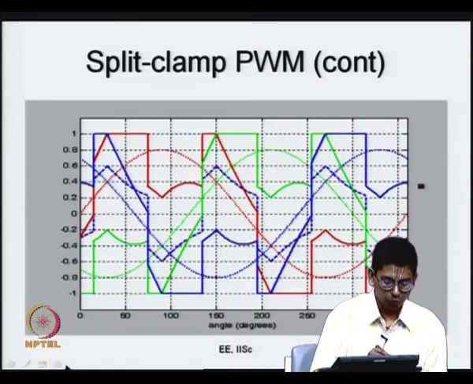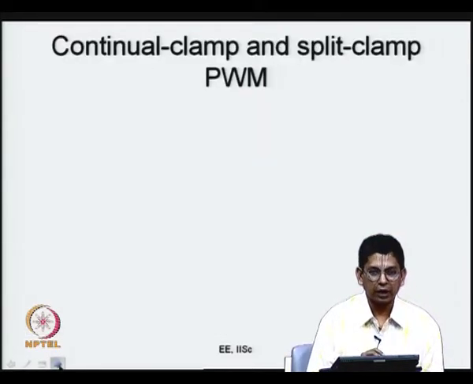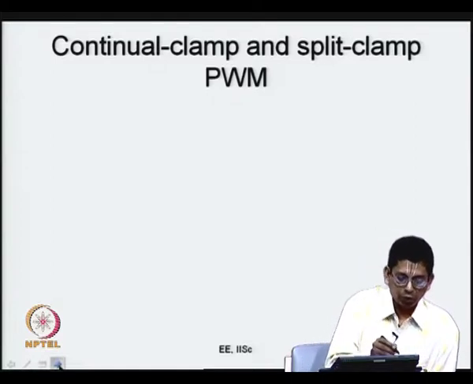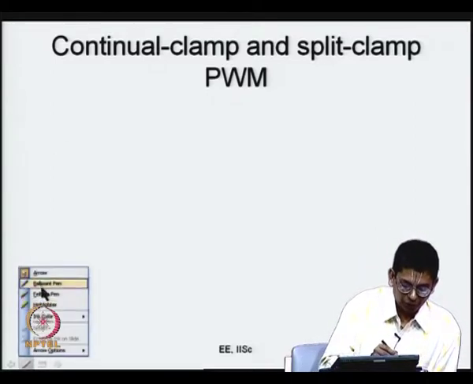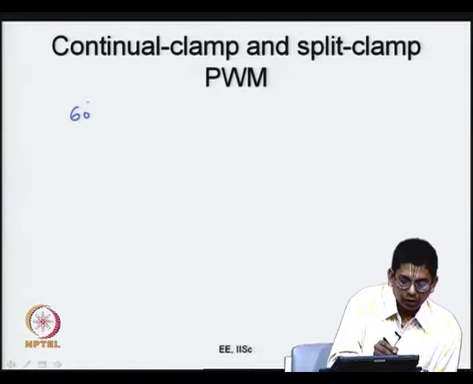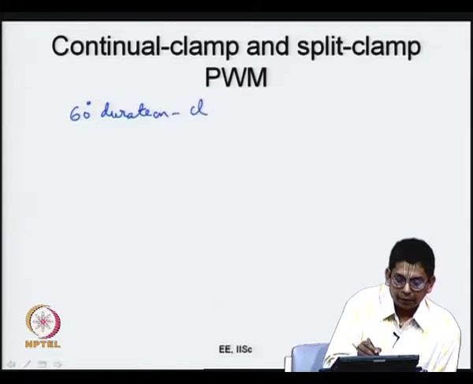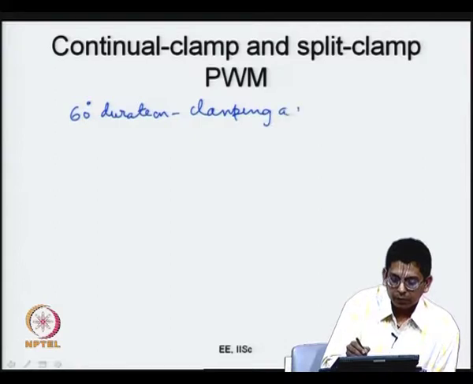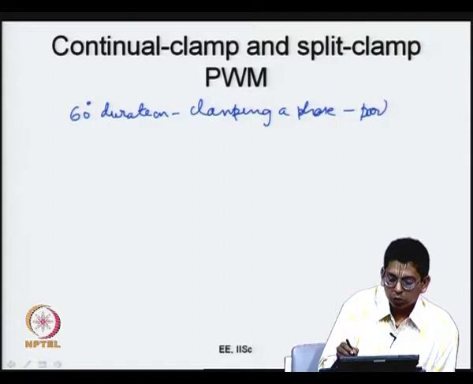So, let us say a few more words on continual clamp and split clamp now. In both the cases, what you are doing is you are clamping a phase for 60-degree duration. Clamping a phase to a particular DC bus.